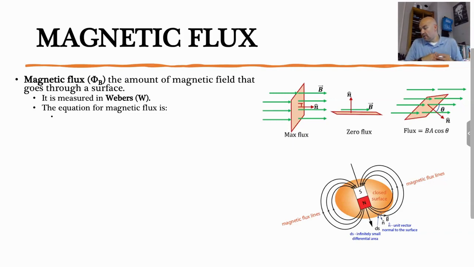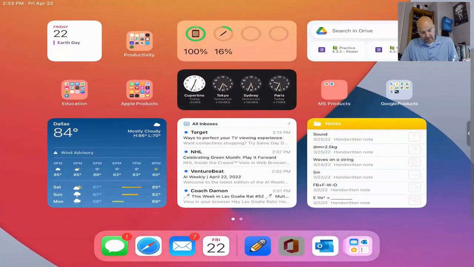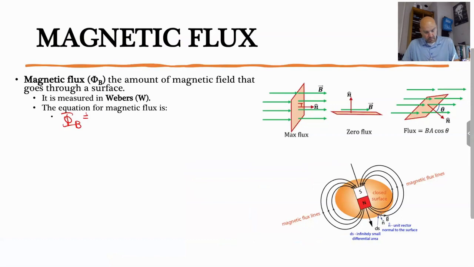The equation for magnetic flux is very similar to electric flux. Phi sub B is equal to the integral of B dot dA. So it's a dot product, and the magnitude of that will be BA cosine theta.